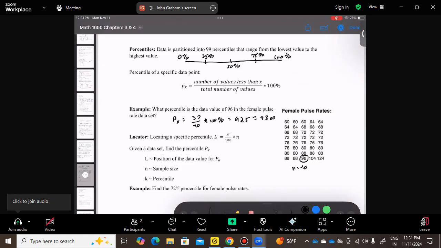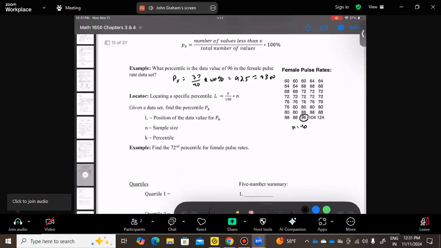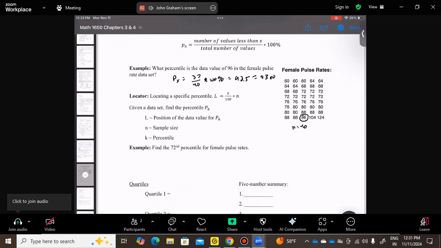Given a data set, find the percentile Pk. We're going to use this to find a locator for a given percentile. So L here is your locator or your position. K is the percentile.